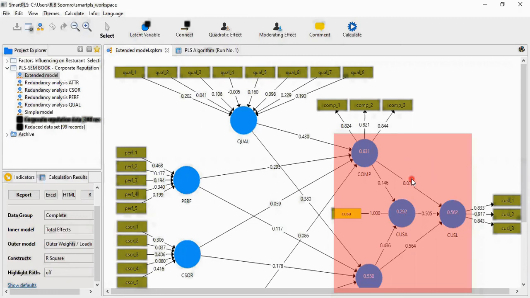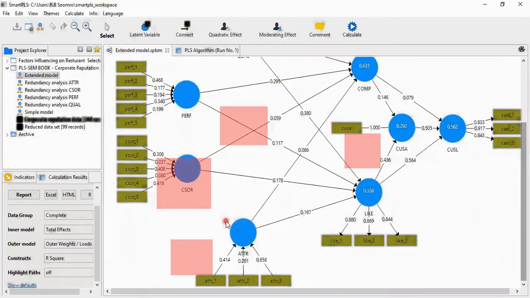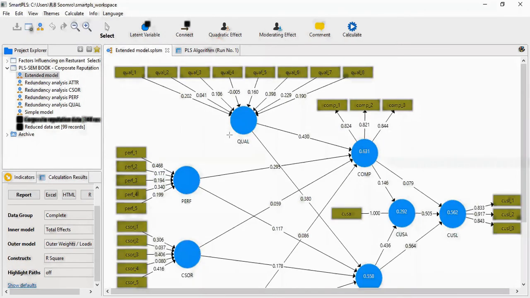Let's see up to what level they are good, and whether they are within the range or not. So in this regard, the R-square is 0.631. That's a substantial contribution, I think. Now this independent variable, this independent variable, this, and the last one here: these are the 4 independent variables which are sufficiently contributing to the R-square of the COMP, and its value is 0.63.